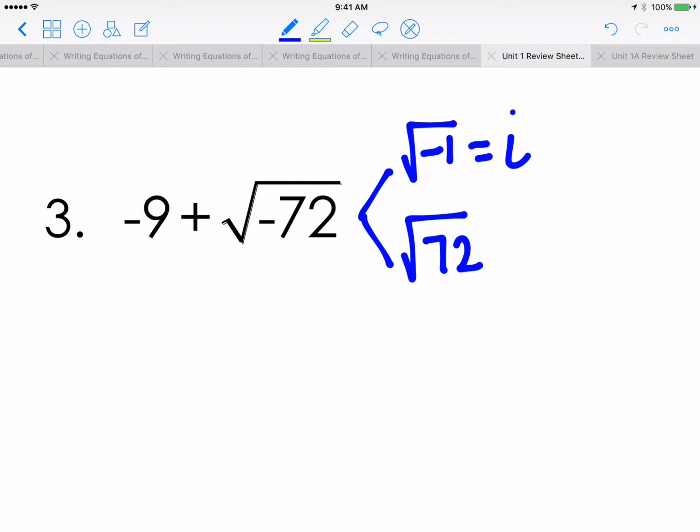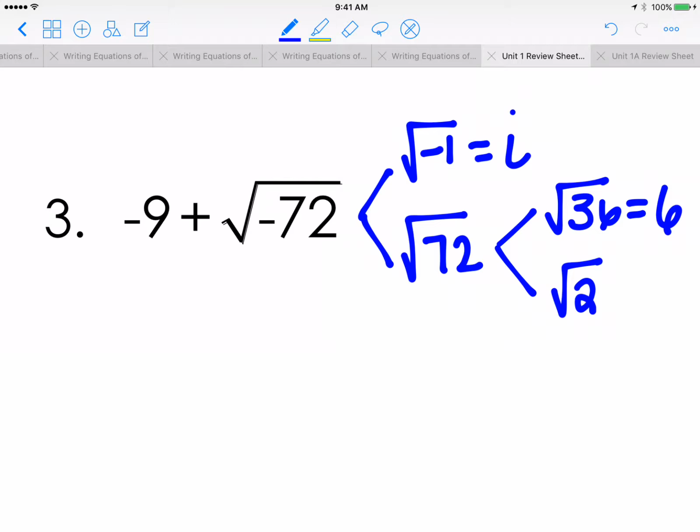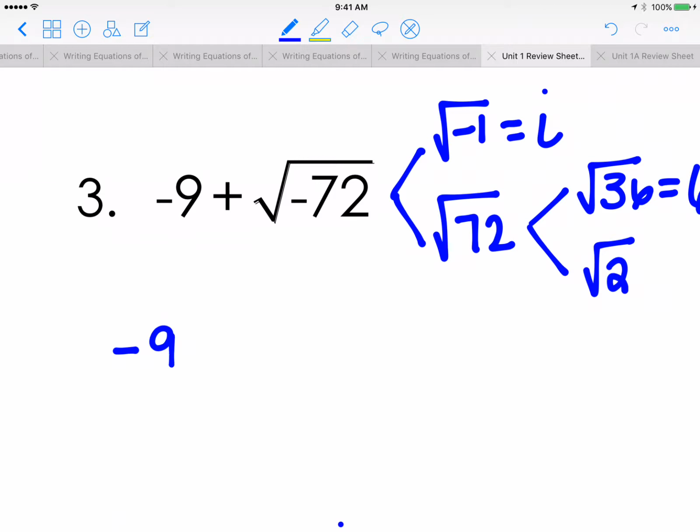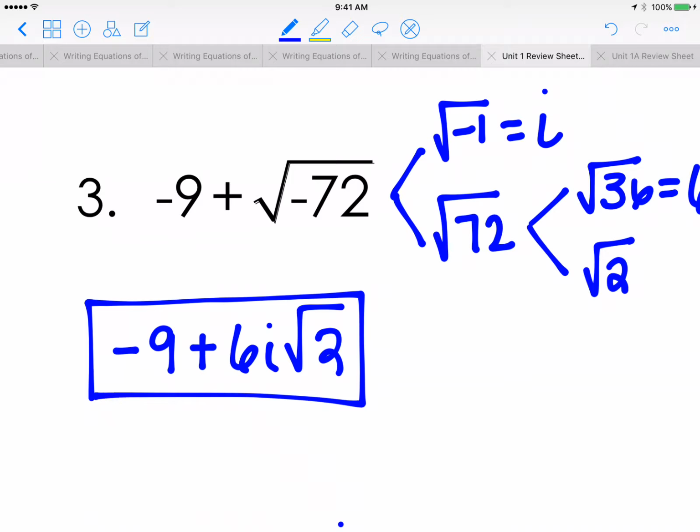So let's see what it is. 72 divided by 36. So 36 times 2, so the square root of 36 is 6, and square root of 2, you can't do anything else with that, so we get negative 9 plus 6i root 2, and then that is our answer.